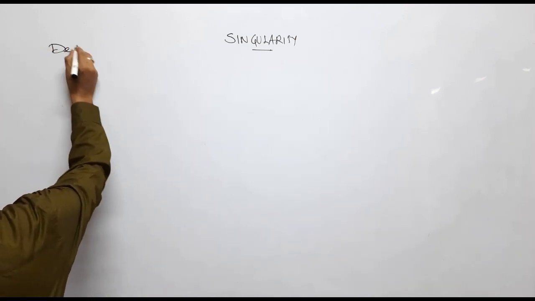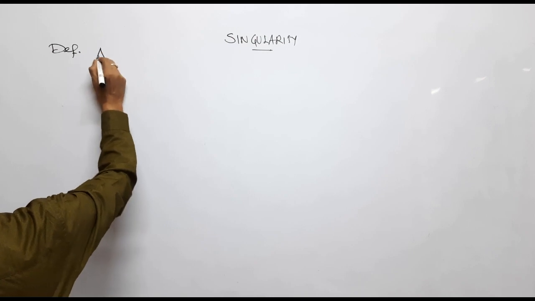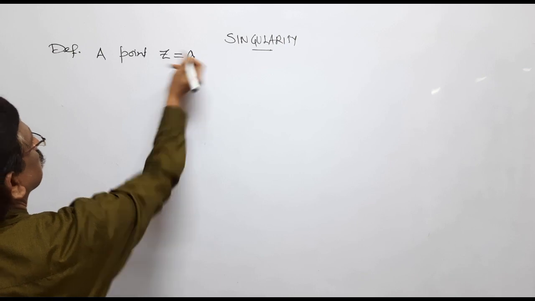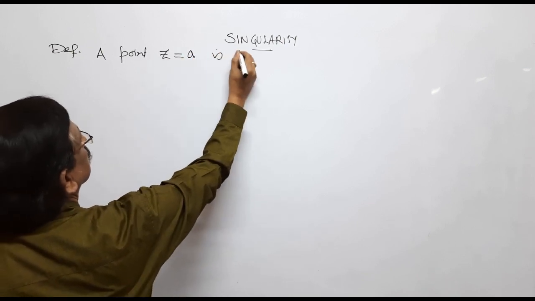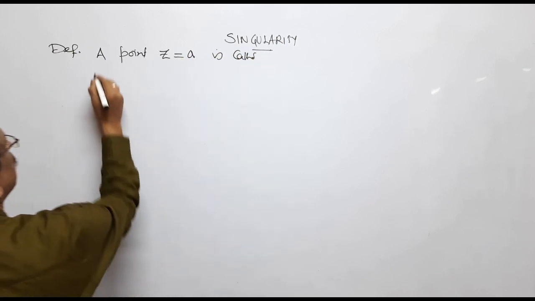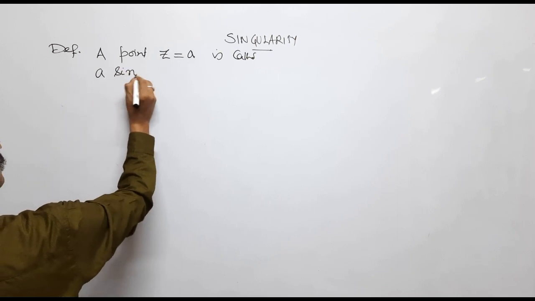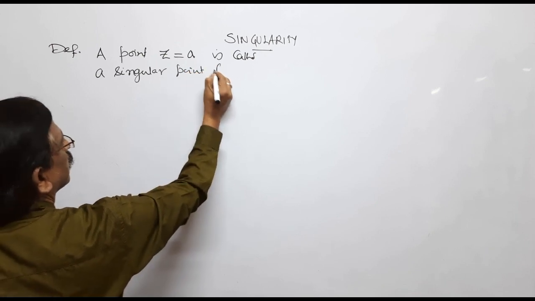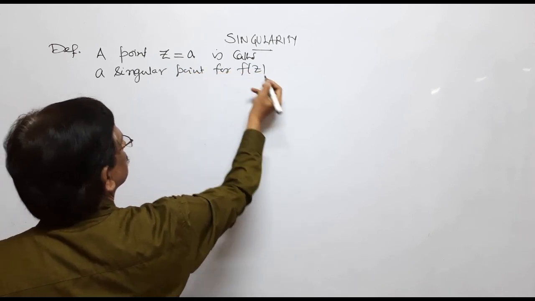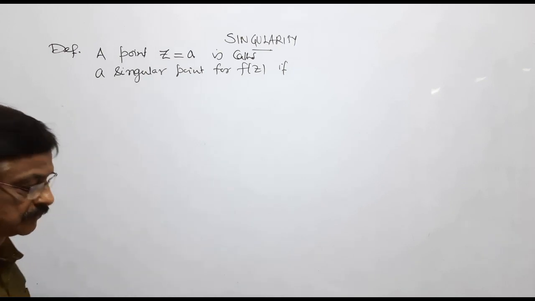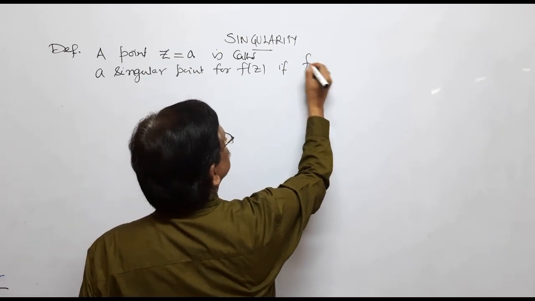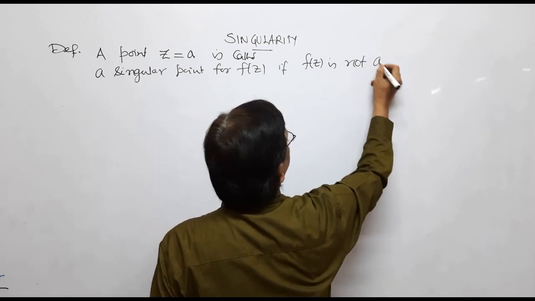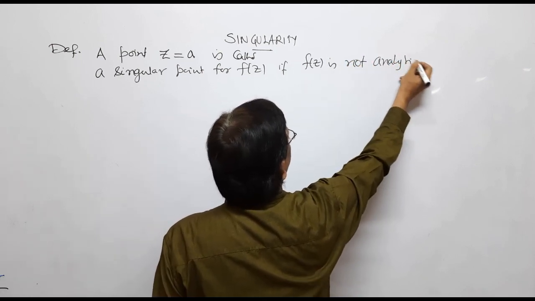A point z equal to a is called a singular point for a function f(z) if f(z) is not analytic at a.